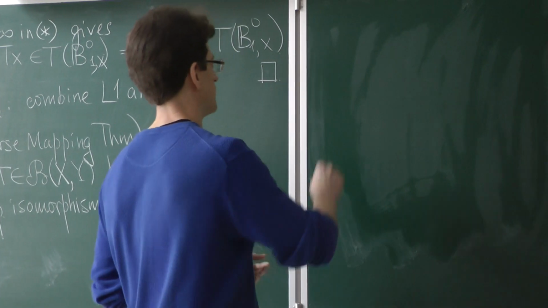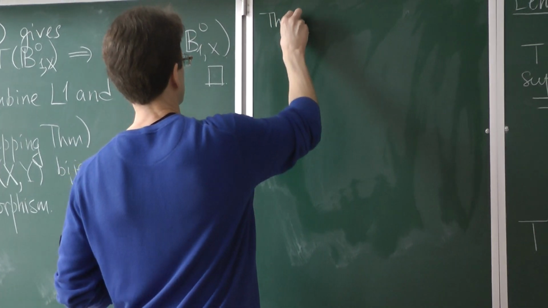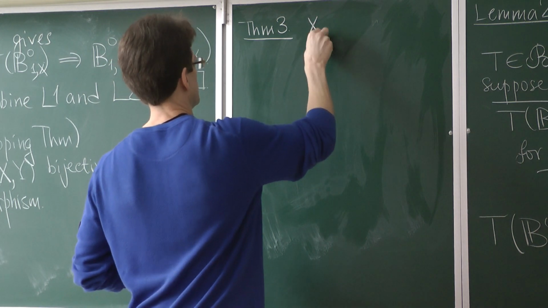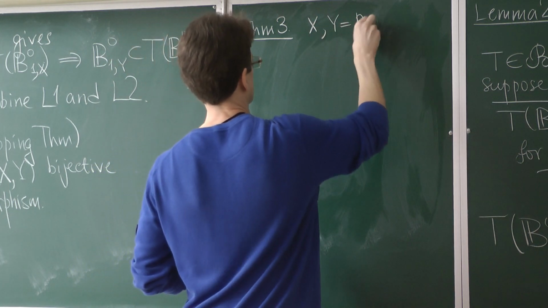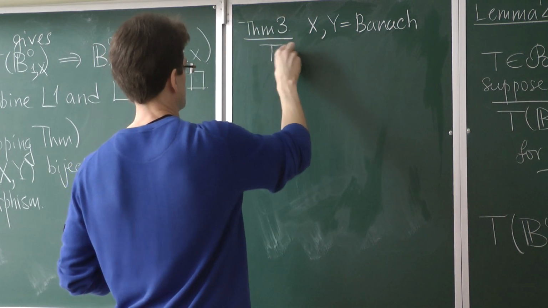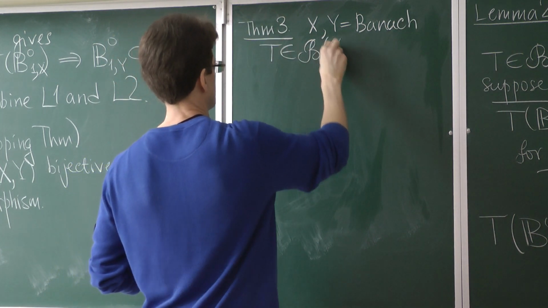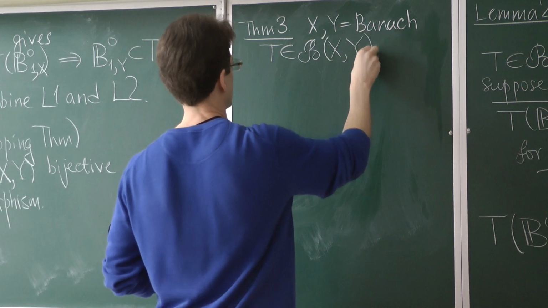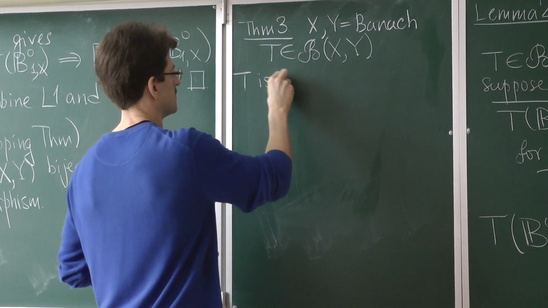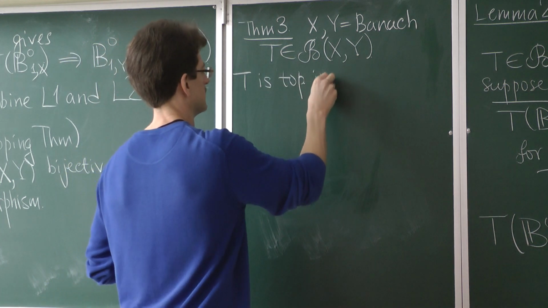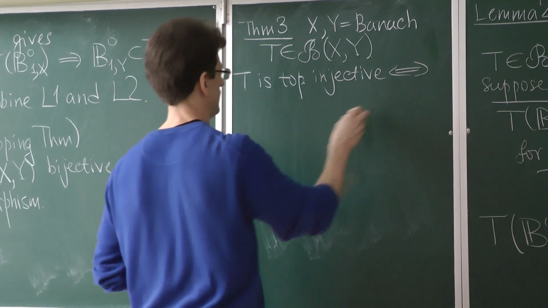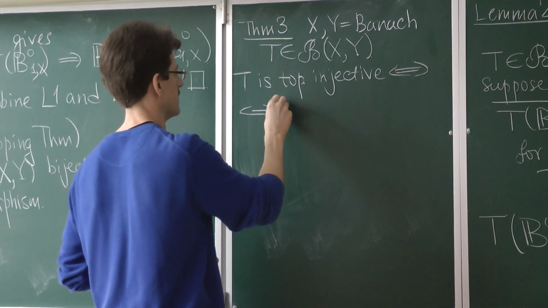Another equivalent statement, theorem 3. Again, suppose that X and Y are Banach spaces, and suppose that T is a bounded linear operator from X to Y. Then T is topologically injective if and only if T is injective and its image is closed.